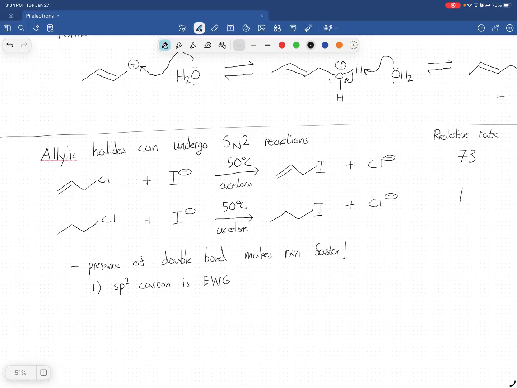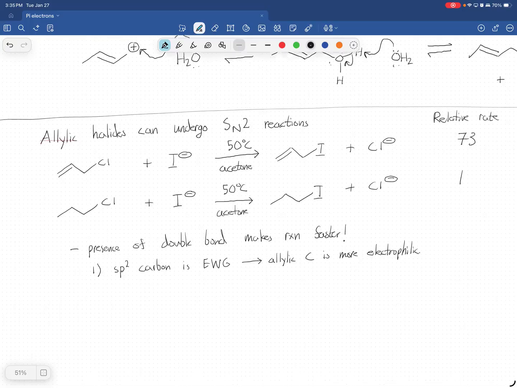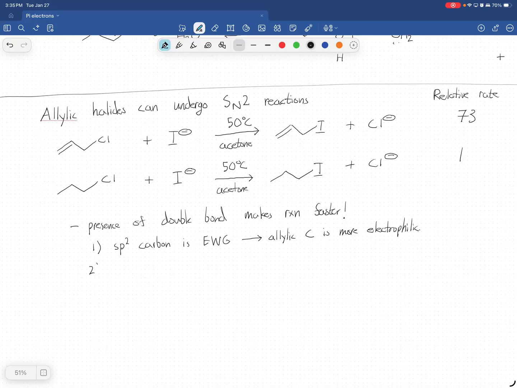It makes the reaction more polarized, making opposites attract. So we can say here that the allylic carbon is more electrophilic.